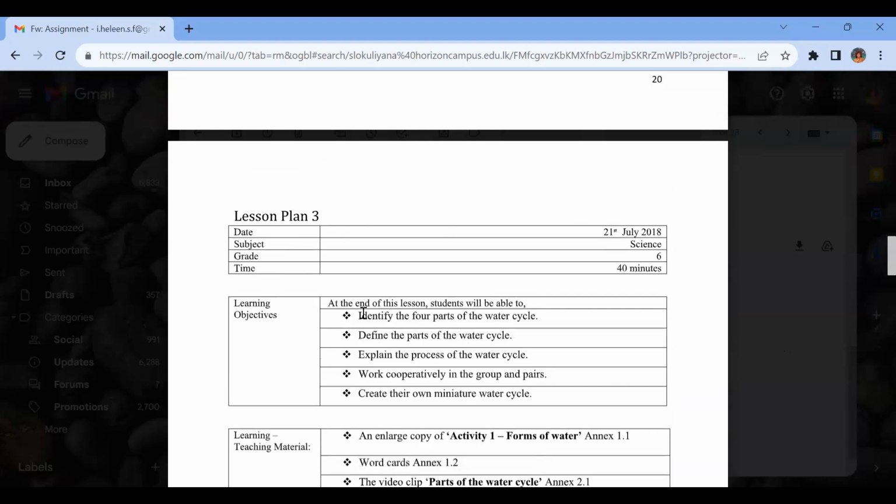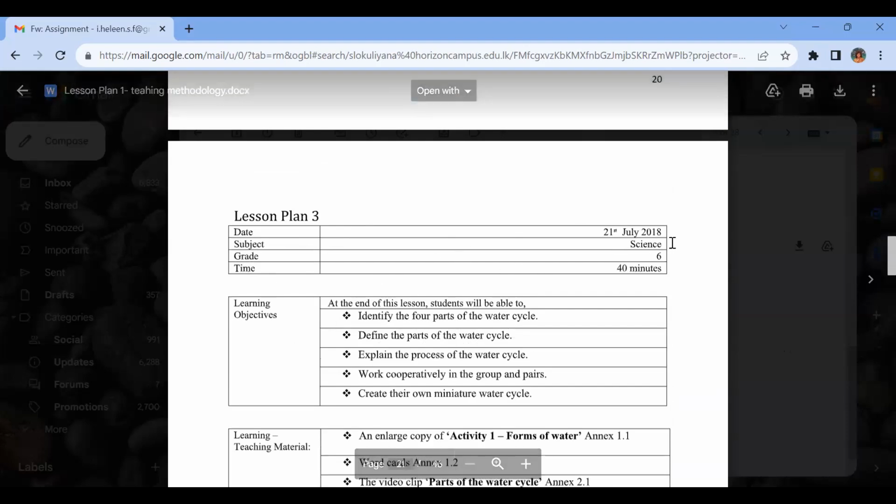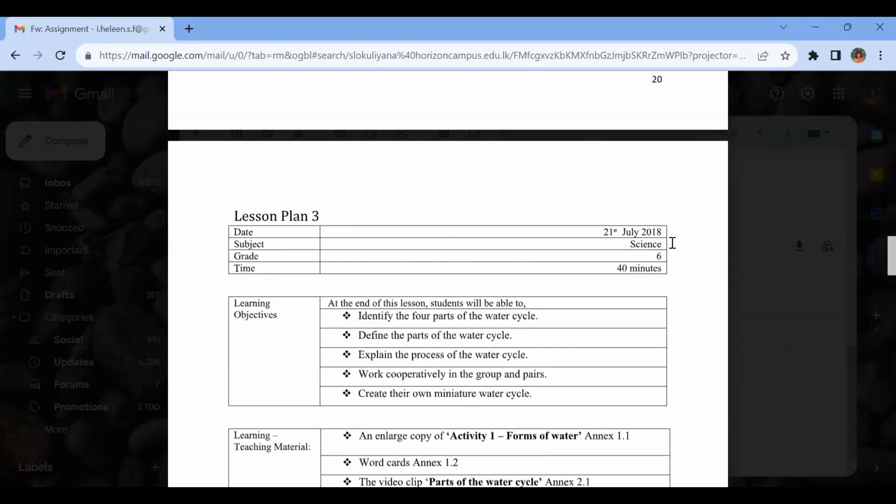Date. Then the subject. What's the subject? Science. What is the grade? Grade is 6. What is the time? 40 minutes. So grade is 6. You are doing grade 6B class. So you can put that grade and class.